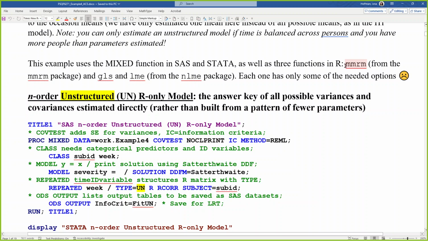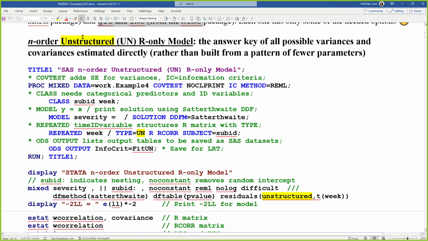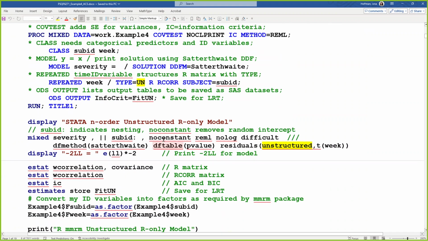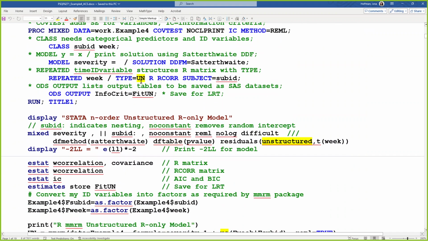Right now I'm using the R function MMRM, that's from its own little package. I'm going to have to switch to the nlme package for the later models that also involve a random intercept. And I tried to highlight within each package exactly where you would tell it what kind of structure you want. So unstructured, everything gets to be what it wants. That is type equals UN on the repeated line in SAS.